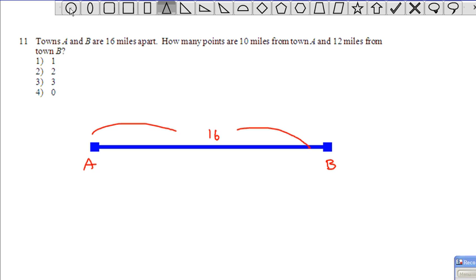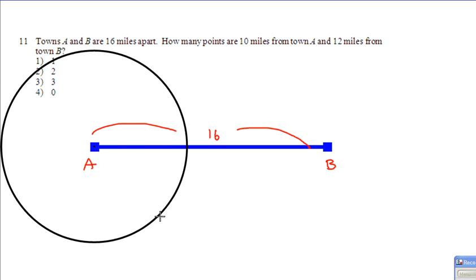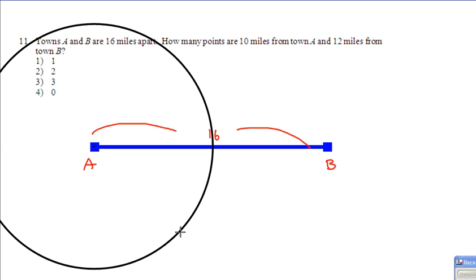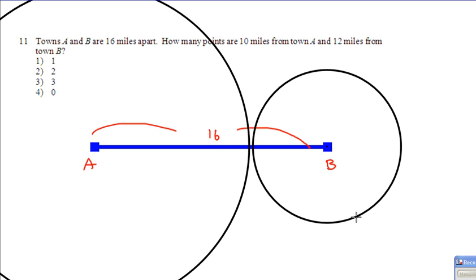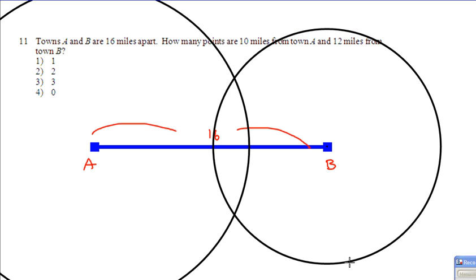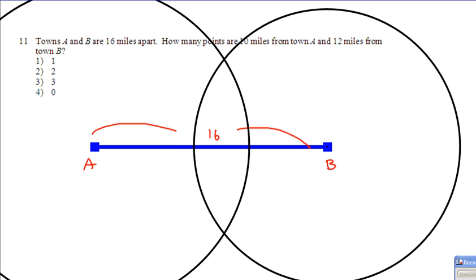So if you think about it, town A, this seems to be about halfway, but if it had to be halfway, it would have been about 8 miles. So let me just go for a little bit more. And the other one, 12 miles from B. So not only just coming in half, it's a little bit more than the other one.